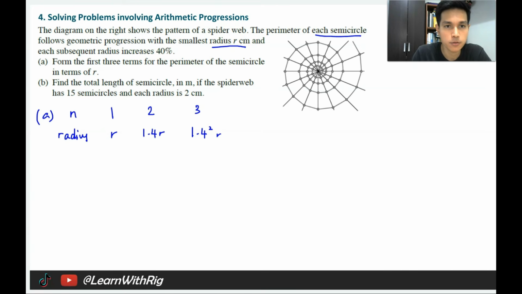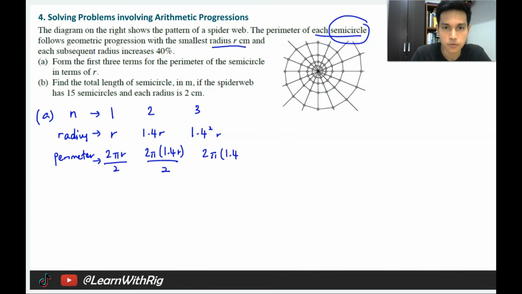Okay, so they want you to find perimeter. So perimeter is equals to 2 pi R. But remember, they are saying semicircle, correct? So you have to divide by 2. Okay, so this one is 2 pi 1.4 R divided by 2, and the last one here should be 2 pi 1.4 square R divided by 2. So you can actually simplify all of this.